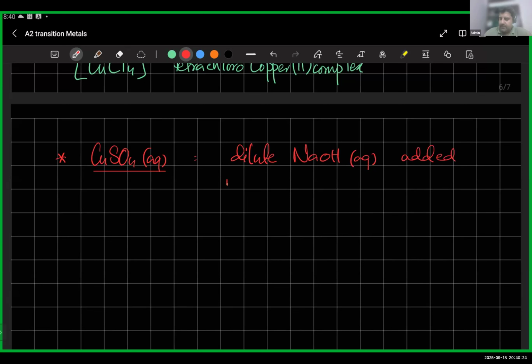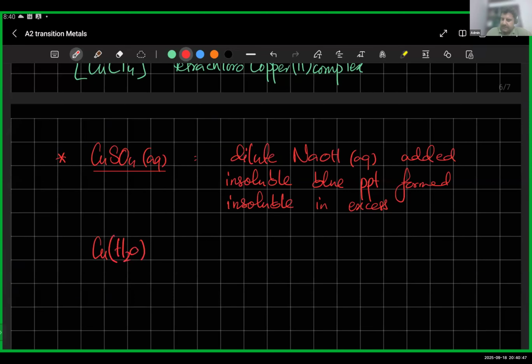What happened? An insoluble blue precipitate is formed, which is insoluble in excess. So what's going on? It's copper surrounded by 6 water molecules.